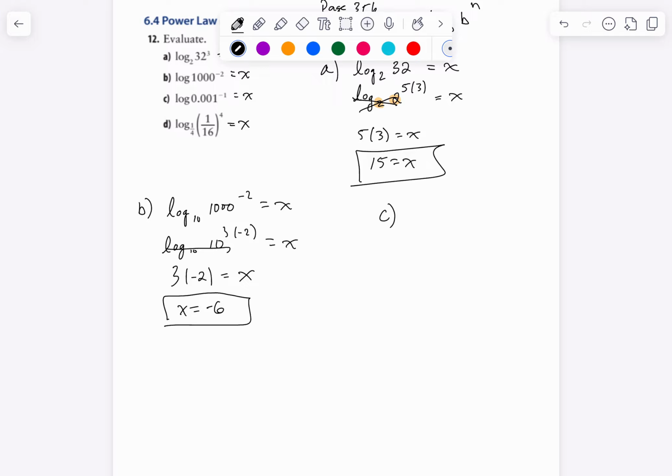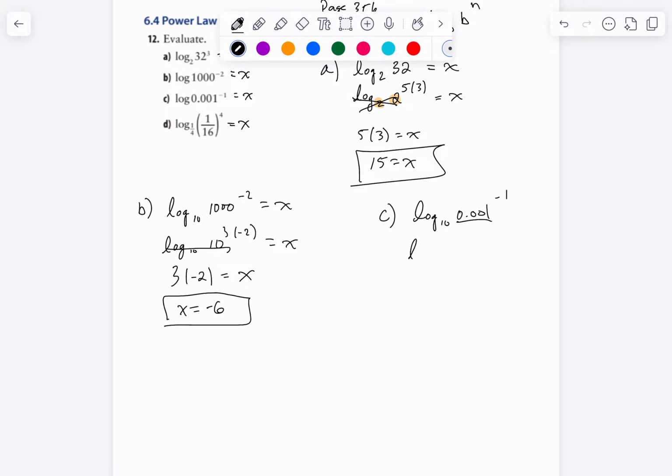Question C. Log base 10 of 0.001 to the negative 1. Okay. So I need to turn 0.001 into a base of 10. This sounds like some of your scientific notation work, right?